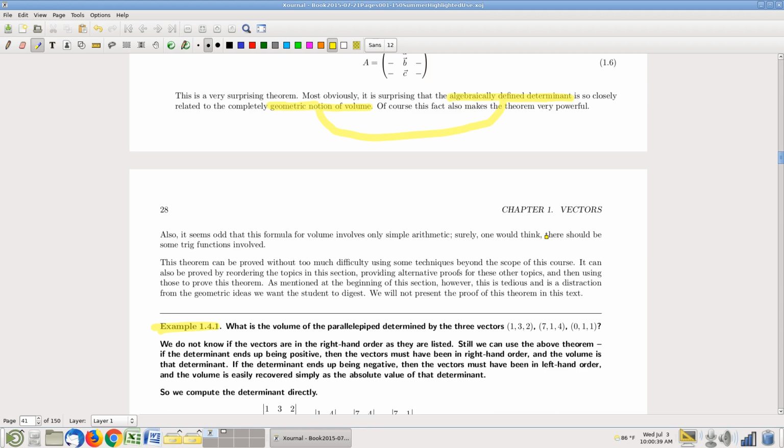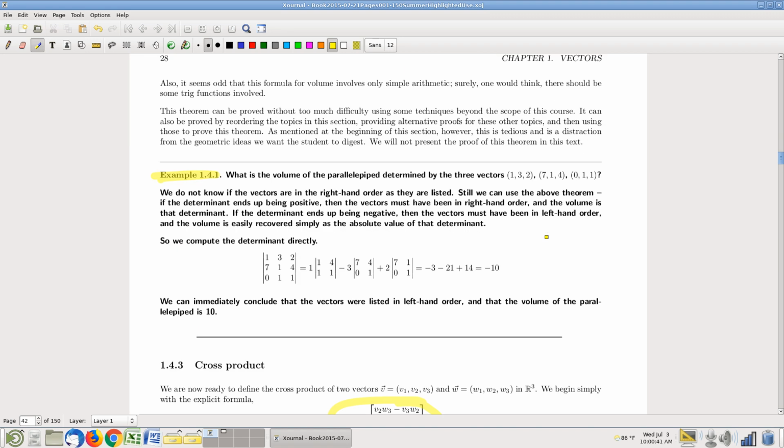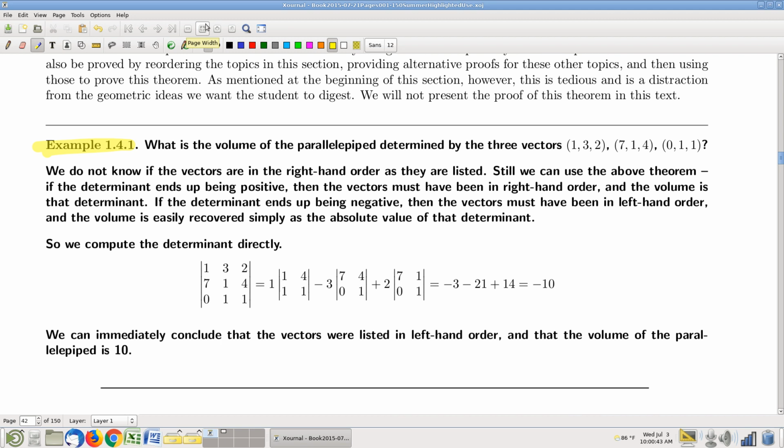Okay, so here's an example just to show you how this works in practice. Here's a trio of vectors, in an order. Let's ask two questions. First of all, is this listing of vectors right-hand order or left-hand order? Well, it's really hard to tell at a glance, right?